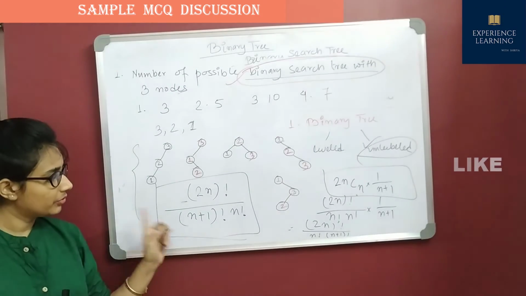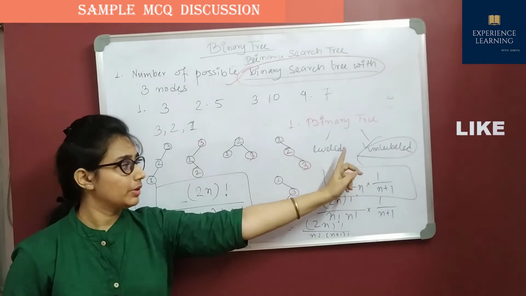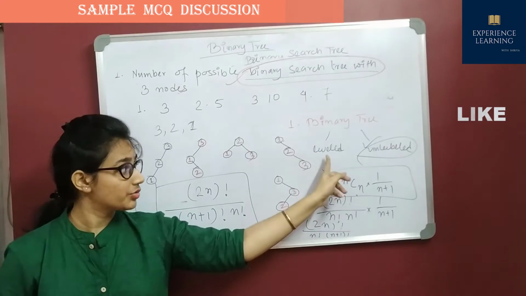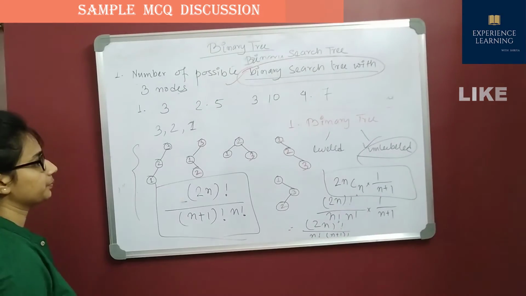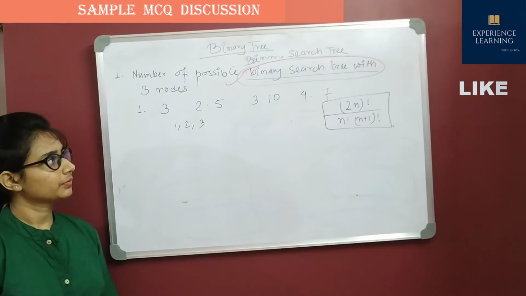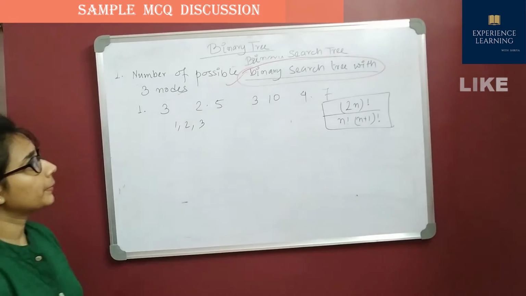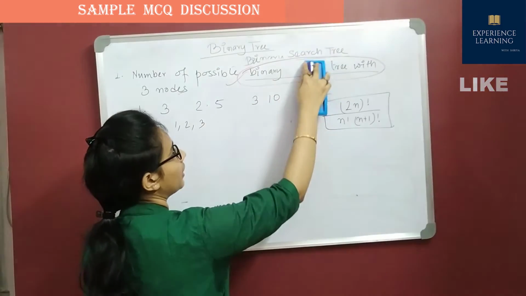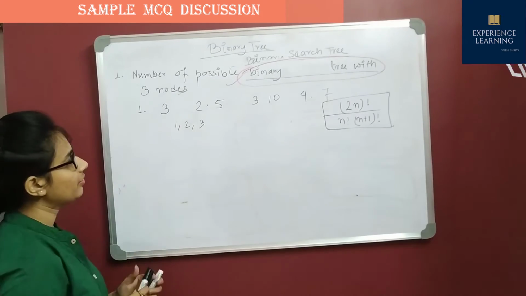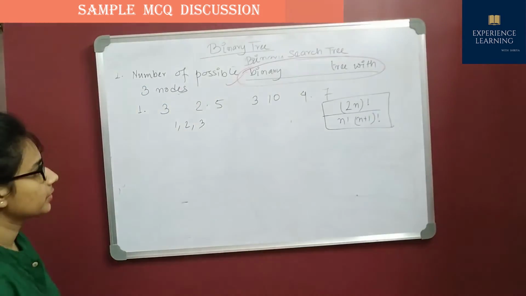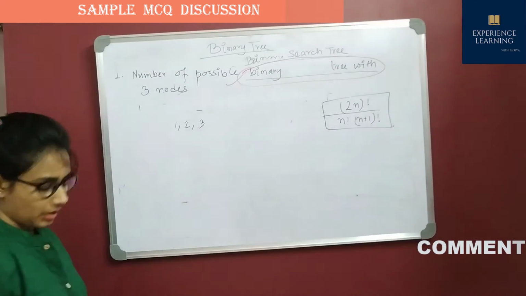Now, if it is not unleveled, if the binary search tree or binary tree is leveled, now see, in case of a binary tree, consider that the levels are 1, 2, 3. And forget about these options. 1, 2, 3.